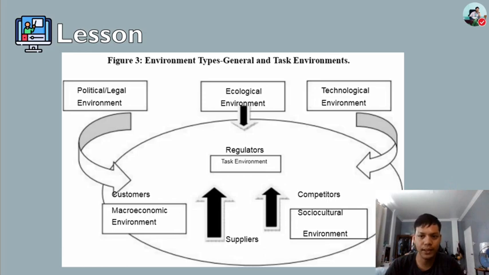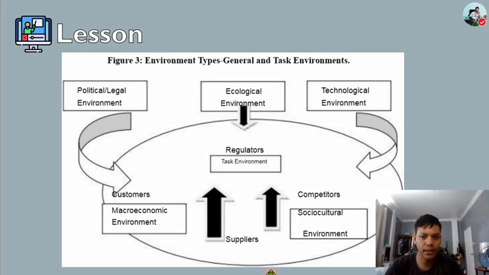So it should be noted that there is no clear demarcation between environment categories, but the boundaries are imaginary for the purpose of conceptualization and comprehension. These categories form the 5 major subcategories of the macro environment that I previously showed you in figure number 2.